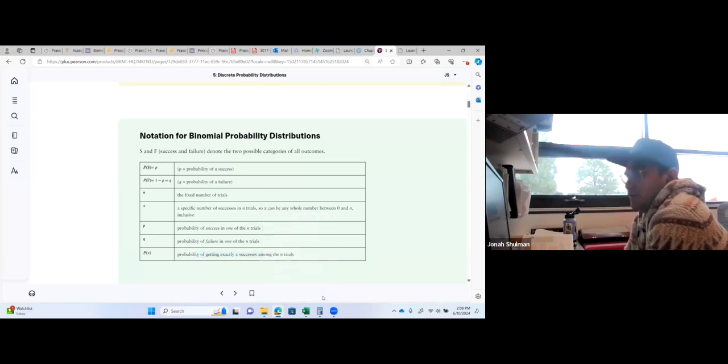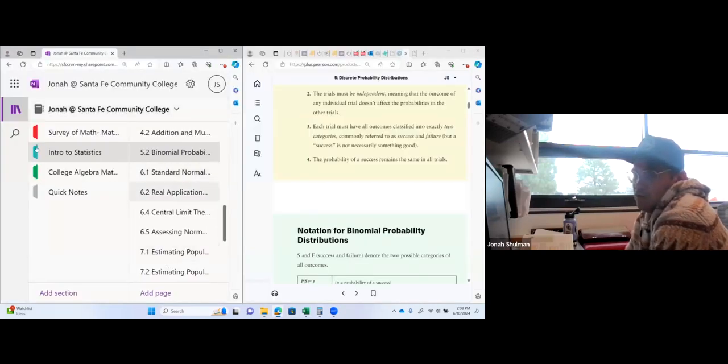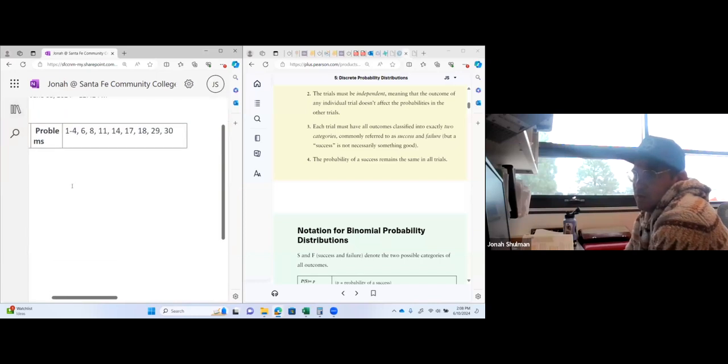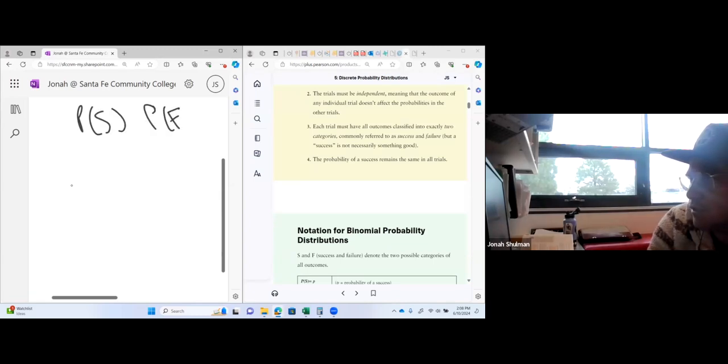So the one thing you have to remember from this is that the main thing we're trying to get is success. We know we have either successes or failures. S is for success, F is for failure.